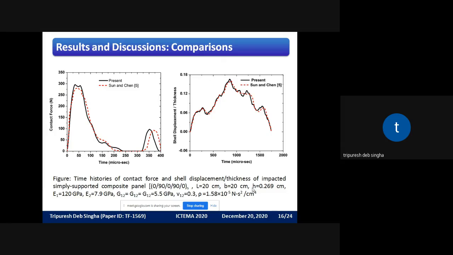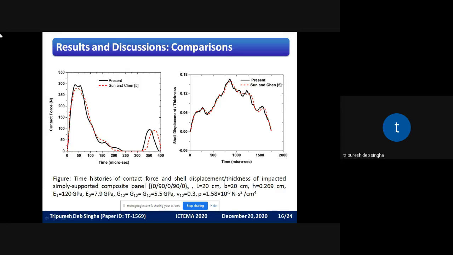Now we have validated our formulation with various examples, out of which I am presenting only one important validation. I have considered the low velocity impact on a composite plate, as done by Sun and Chen in 1985.